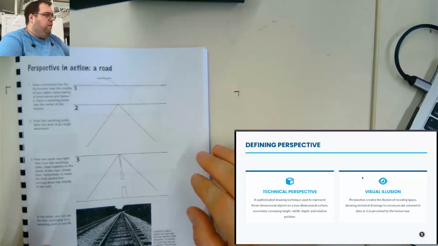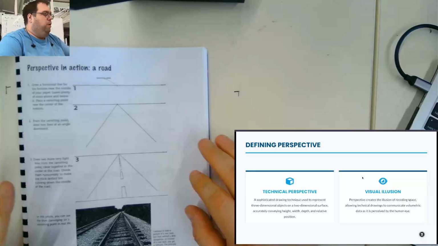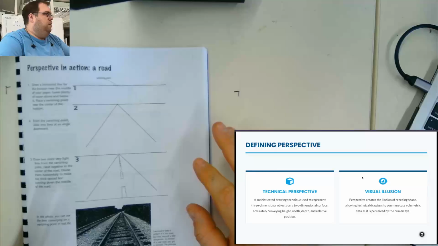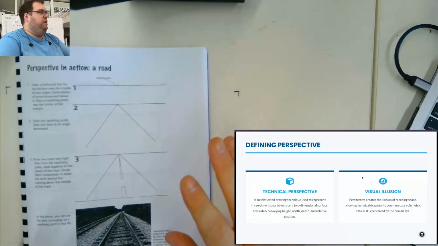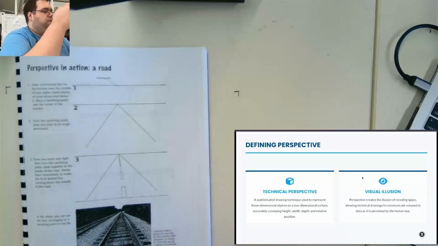Who remembers what volumetric data means, or what volumetric means? Okay. Volume. So let's break it down. Volume is the amount of space inside of an object, and volumetric is essentially just a way of stretching that word out.